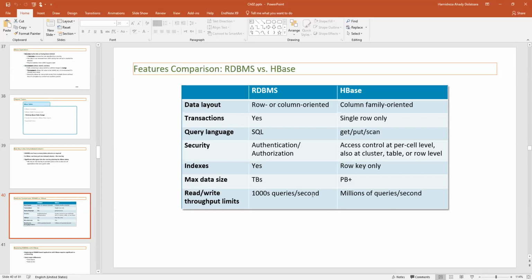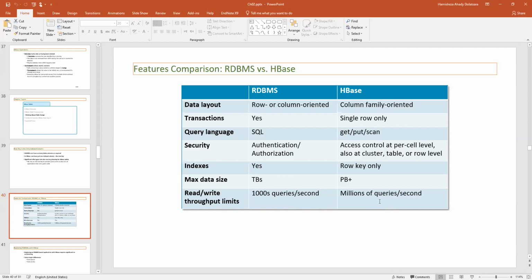As you see, the max size of RDBMS is just terabytes, but HBase is even more than petabytes of data. In RDBMS, you can do thousands of operations per second, but in HBase, you can do millions or billions of transactions.